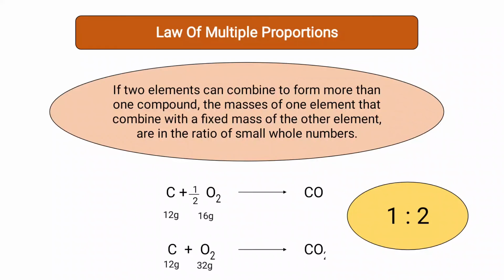So if two elements, that is carbon and oxygen, can combine to form more than one compound, that is carbon monoxide and carbon dioxide, then the masses of one element that combine with the fixed mass of the other element, the fixed mass of which element over here is carbon, are in the ratio of small whole numbers, that is nothing but 1:2. This is what law of multiple proportion means.